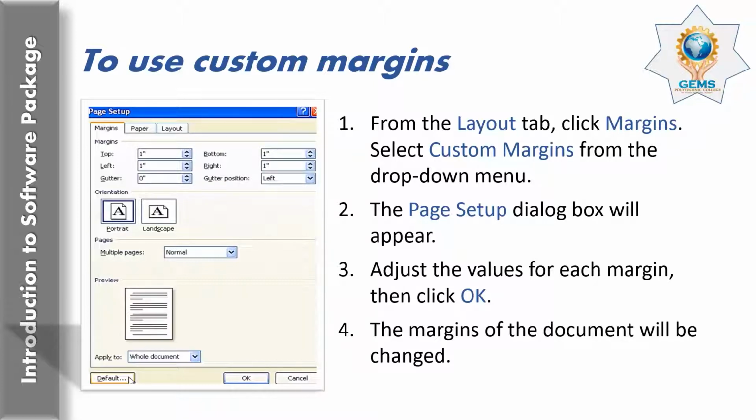The Page Setup dialog will appear. There are different margins: top, bottom, left, right, and gutter position, and there is orientation, portrait, landscape, pages, multiple pages, and preview, and the Apply To option, for applying to the whole document, or this section, or the current document, etc.